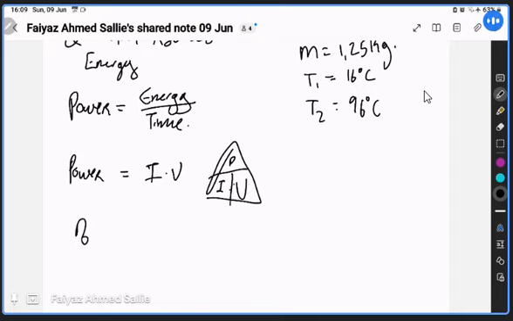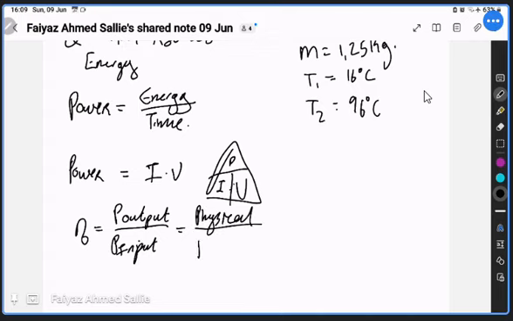And we also know that efficiency is equal to power output over power input, which is physical power over electrical power.